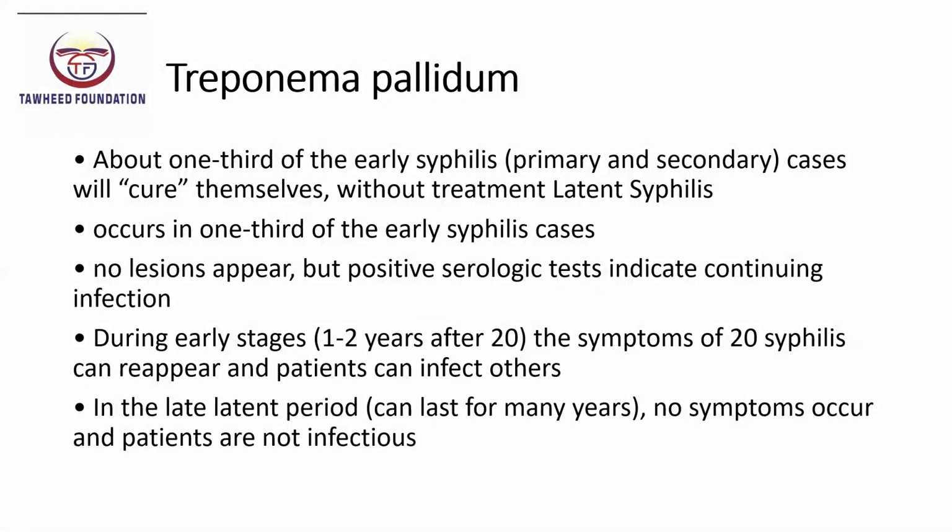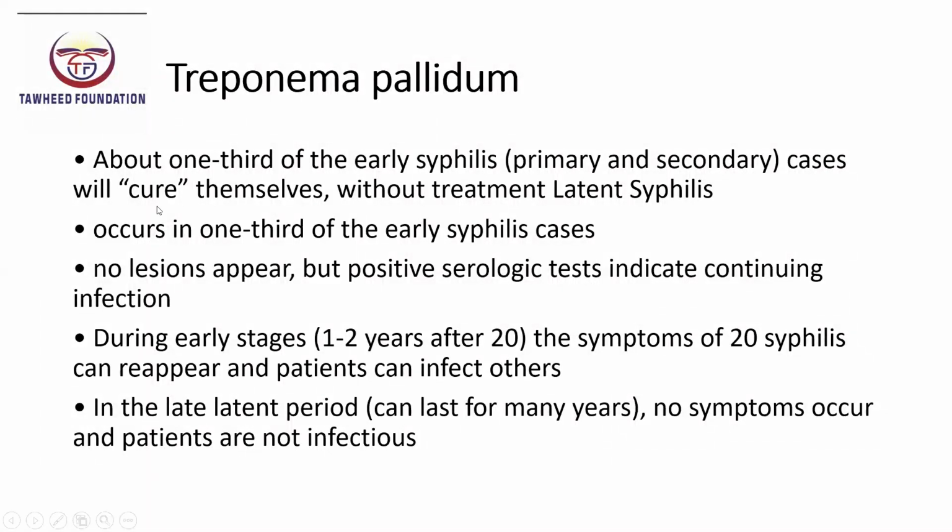Early latent syphilis, within 1 or 2 years, may still relapse into secondary symptoms and patients remain infectious. In contrast, late latent syphilis may last for many years, during which patients are asymptomatic and generally non-infectious except for vertical transmission to a fetus.